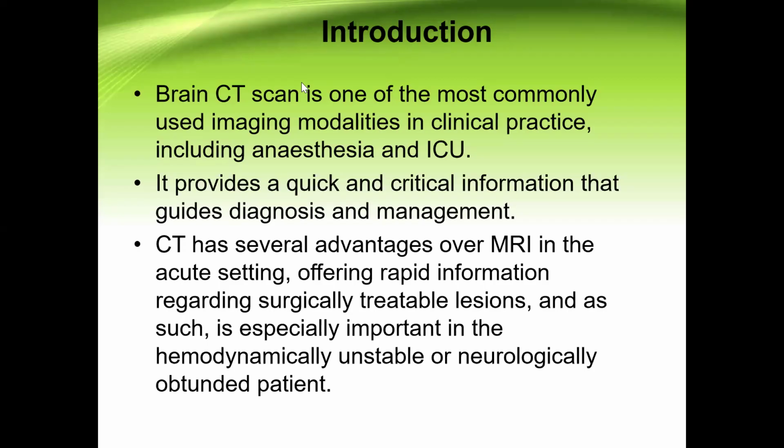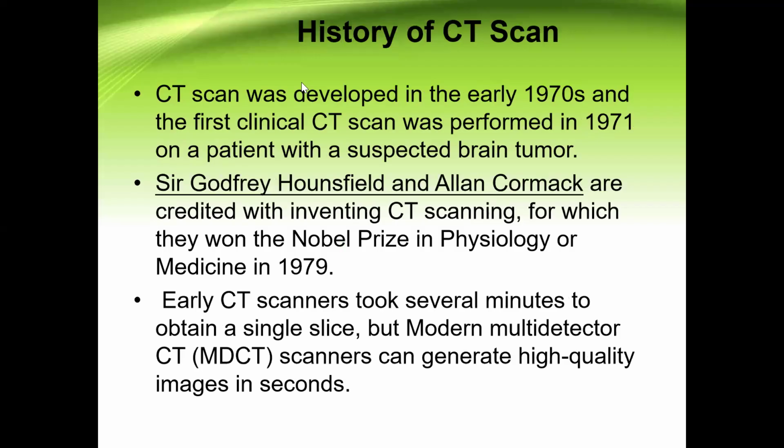By way of history, the CT scan was developed in the early 1970s, and the first clinical CT scan was done around 1971, 72 on a patient with a suspected brain tumor. Sir Godfrey Hounsfield and Alan Cormack: Sir Godfrey Hounsfield was an electrical engineer, while Alan Cormack was a physicist.